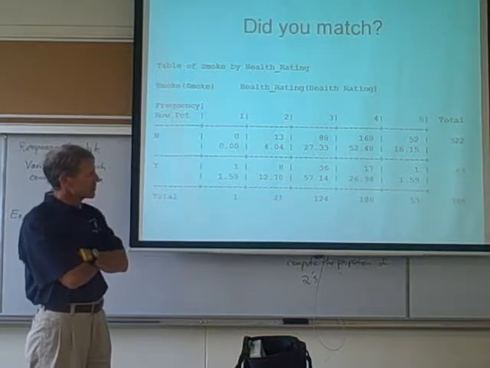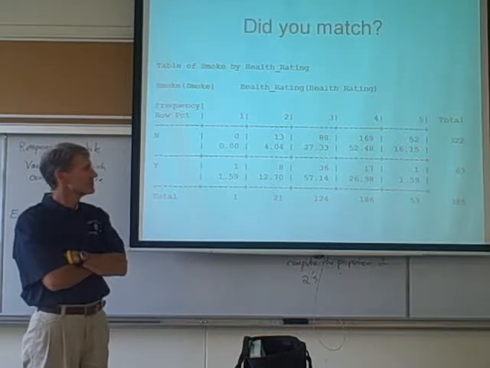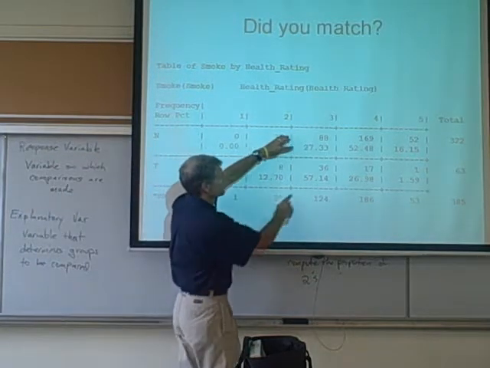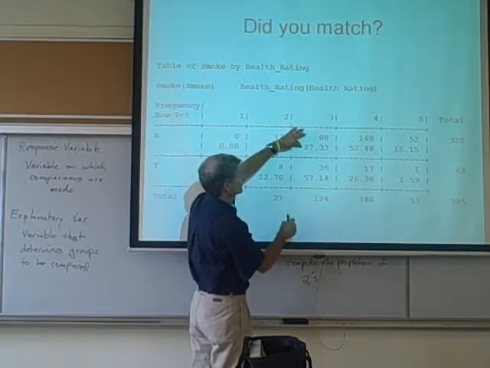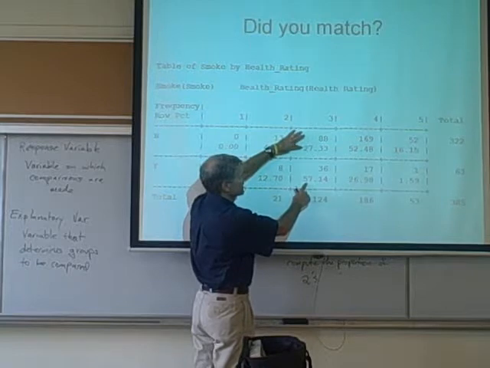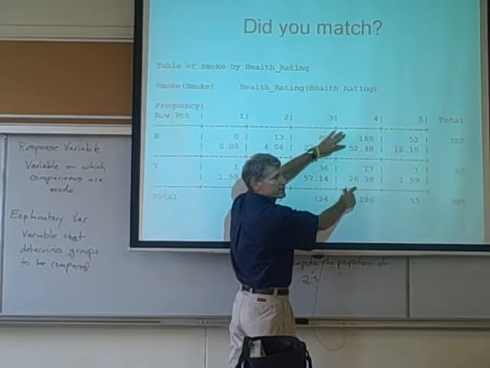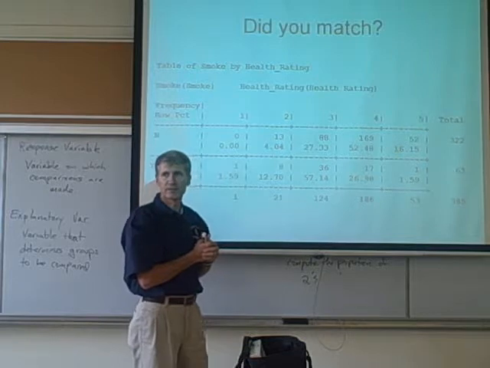What is it that's tipping you off? Half of the smokers are on 3 and half the non-smokers are on 4. Yeah, these 4 cells right here kind of tell the whole story. This one, 27 to 57, and then it completely reverses right there. If there was no association, what would you expect?